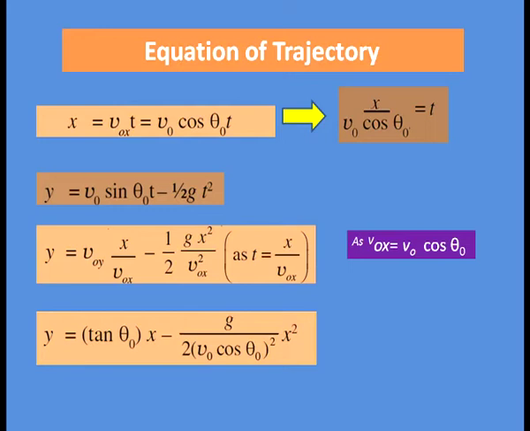Now, y equal to tan theta 0 x, because V0 sin theta 0 divided by V0 cos theta 0 equal to tan theta 0. So, tan theta 0 into x minus g divided by 2 V0 cos theta 0 whole square into x square. So, this is the equation of trajectory.